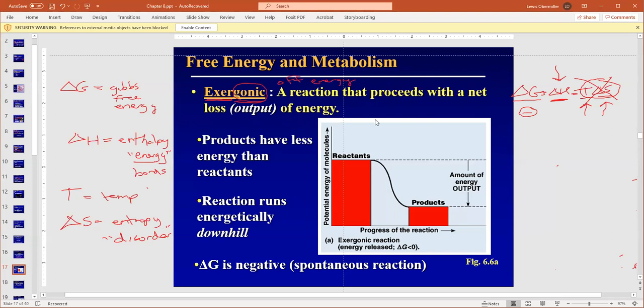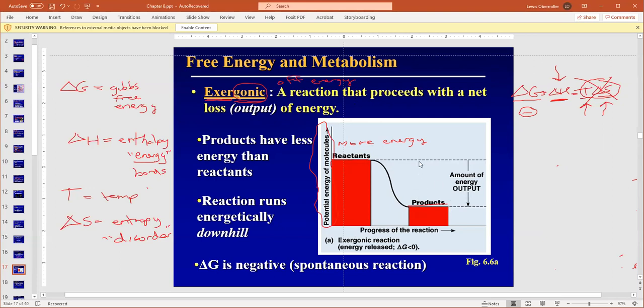You could think of this as digestion or cellular respiration. This is when the reactants have more energy than the products, which have less energy. So this is the energy in the molecules, right? The reactants have more energy than the products.